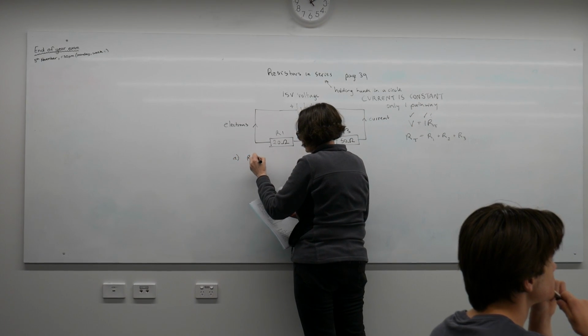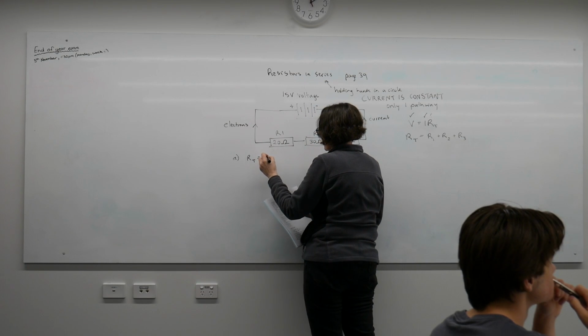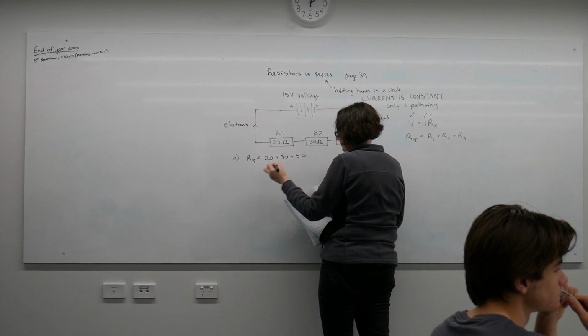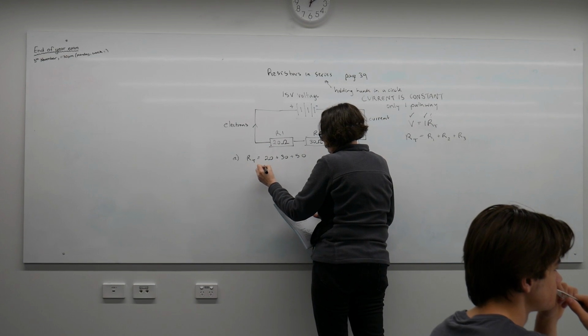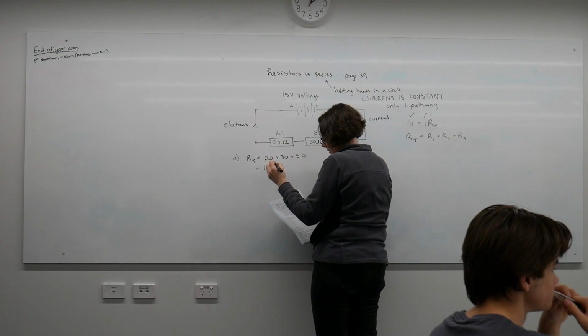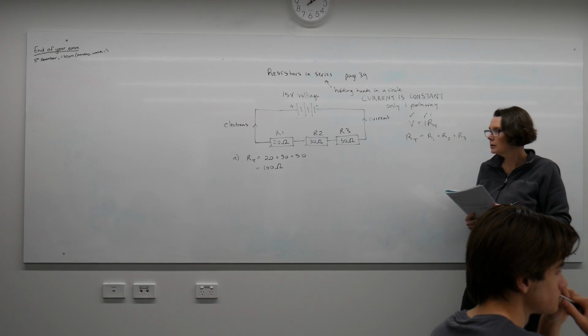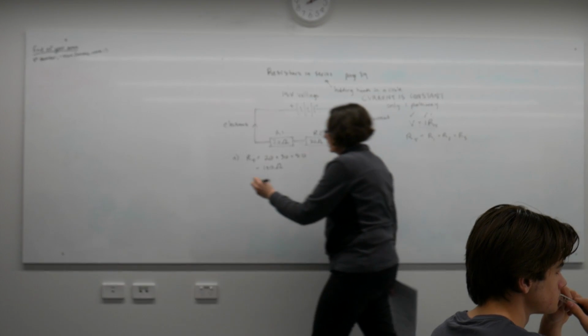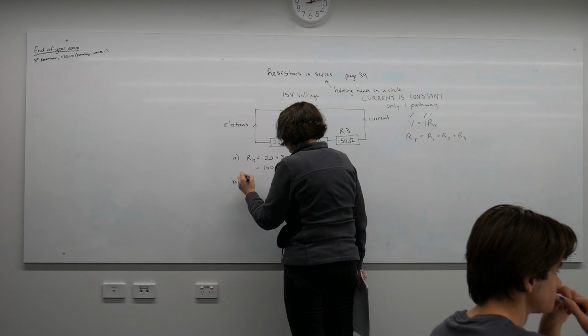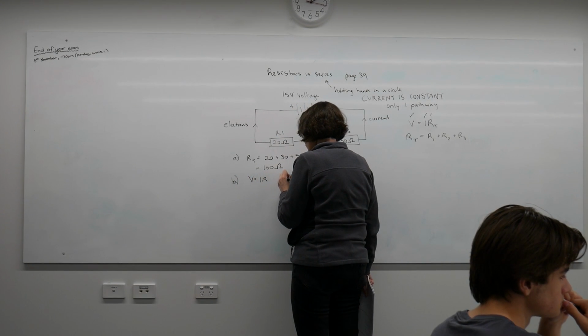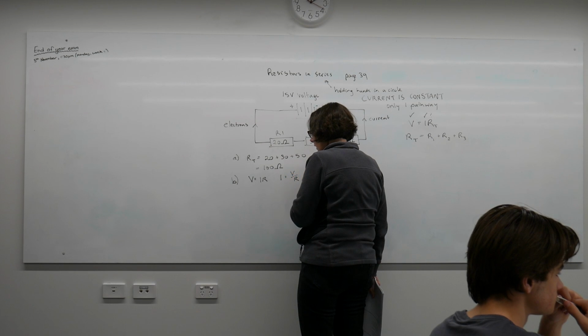So RT will equal 20 plus 30 plus 50, or 100 ohms. The current flowing in the circuit, well, if V equals IR, I is equal to V on R, isn't it?